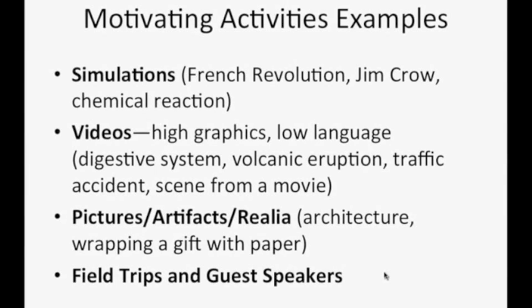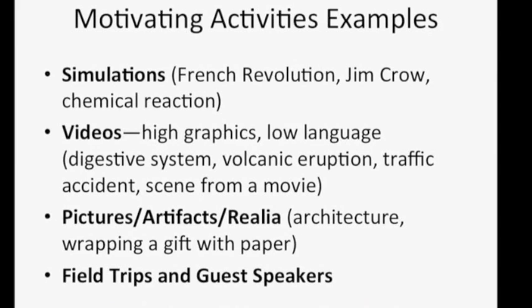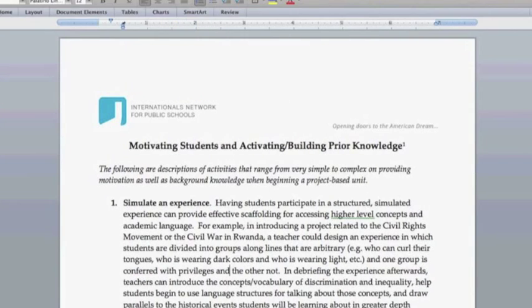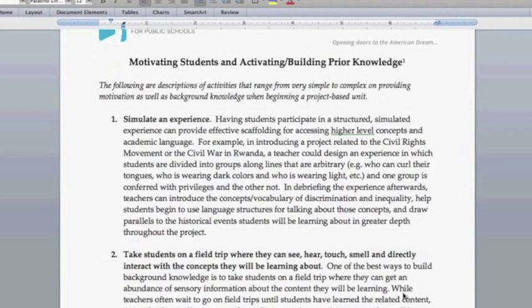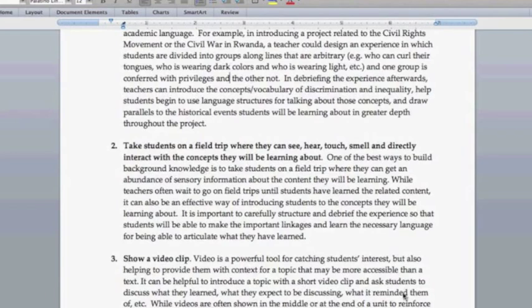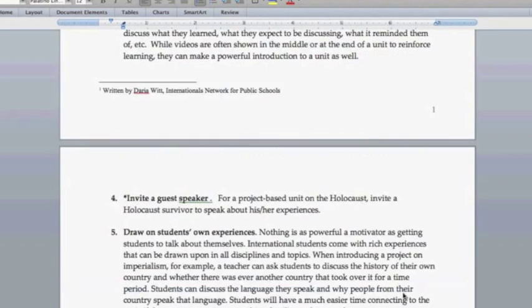So once you've done some motivating activity, I'm going to show you really quick. This document is available to you through this website and this conference. It's developed by the International Network for Public Schools, and it has several different examples of how to do motivating activities.